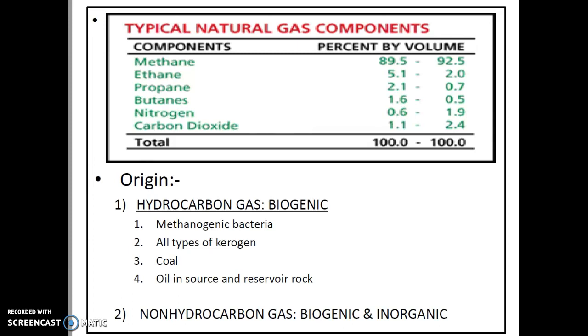You can see here a markedly high percentage of volume, almost 90%, of methane found in the crude oil. For crude oil, while the hydrocarbons are of high molecular weight, the other hydrocarbons like ethane, propane, butane, nitrogen, and carbon dioxide contribute low volume to the crude oil itself.